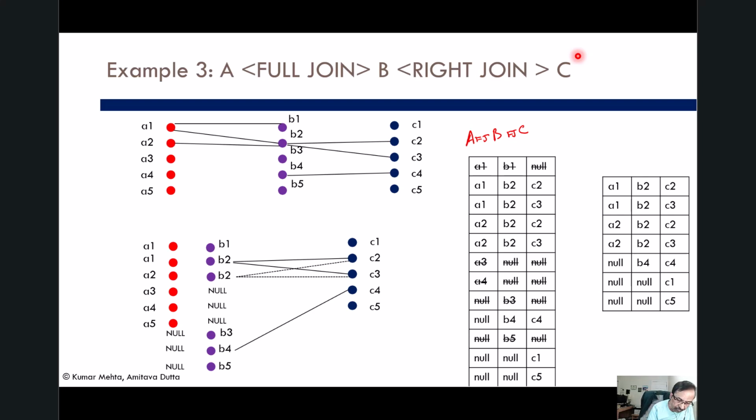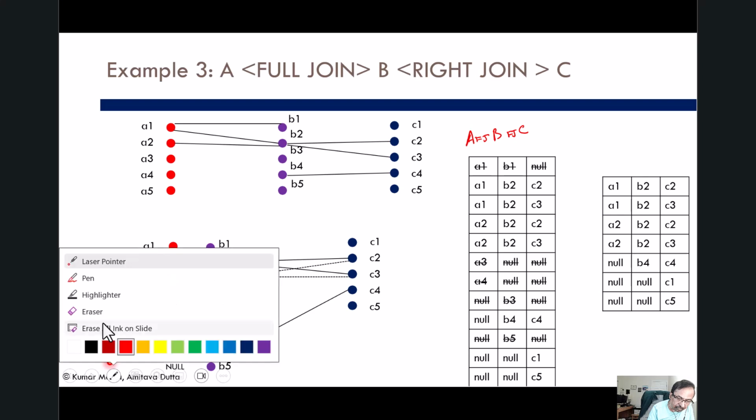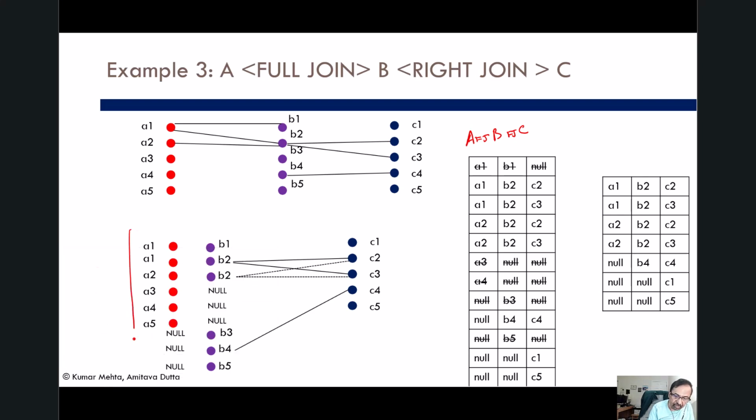So again, think of this as my table D. I'm doing a right join with table C. All right.